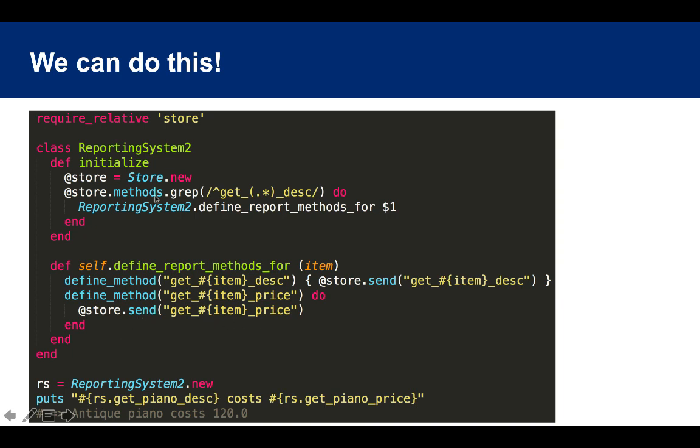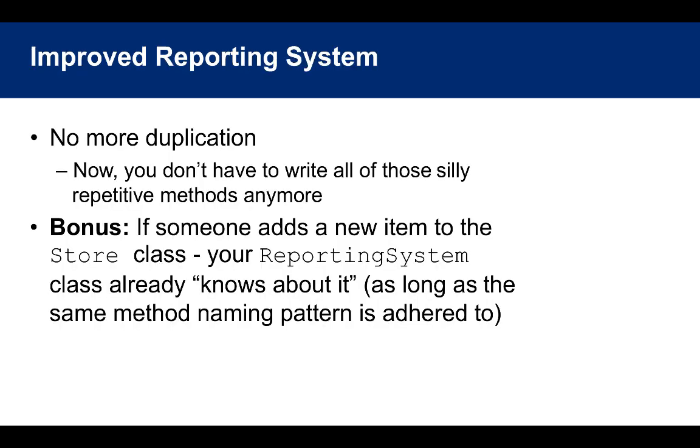So now all of a sudden this becomes your whole class, and you don't have to define any of those methods. Those methods are defined for you dynamically by examining the store class. And it works exactly the same way. So what this gives you is that there's no more duplication.